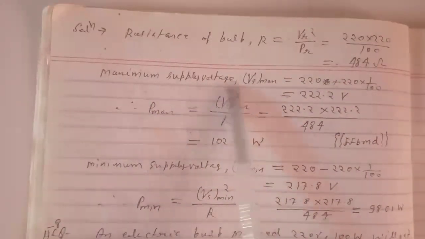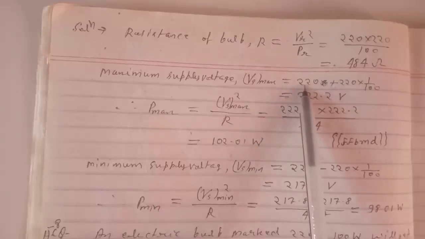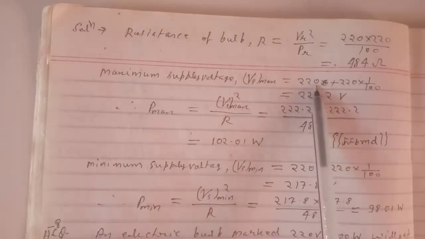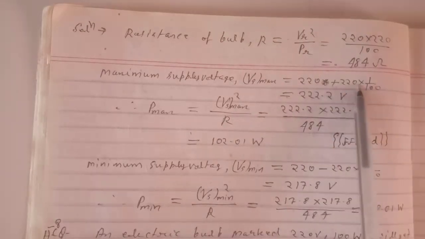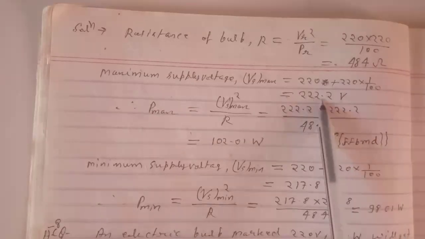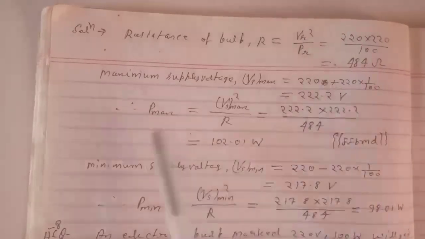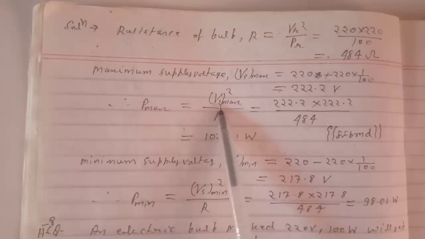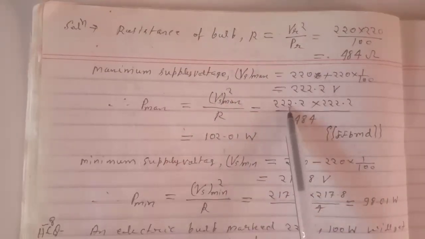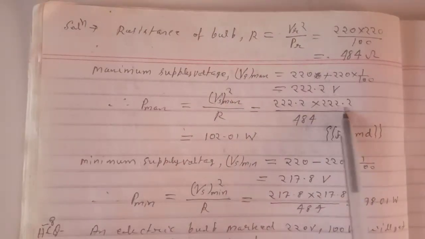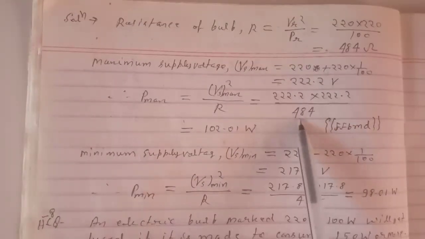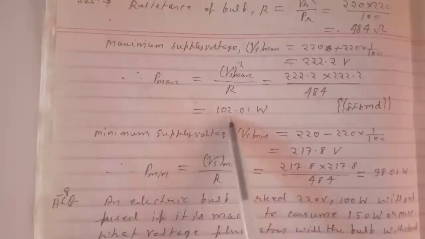So maximum supply voltage Vs max equals 220 plus 220 into 1 by 100, or 222.2 volt. Hence P max equals Vs max square by R, or 222.2 square by 484 equals 102.01 watt.